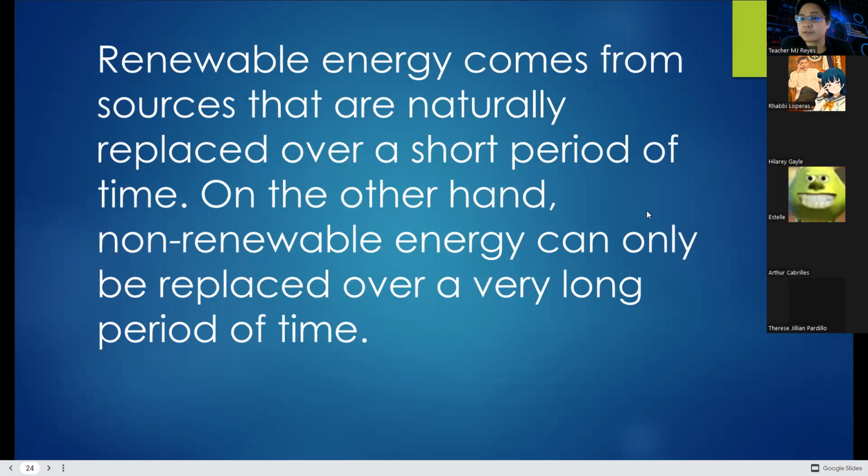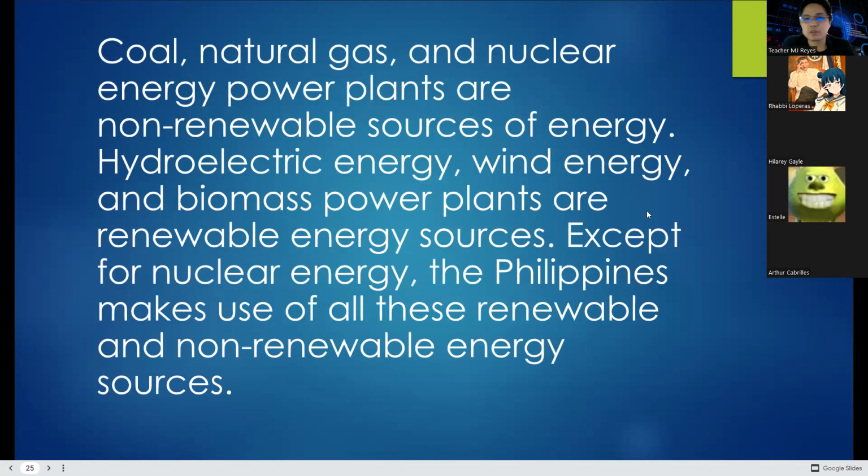On the other hand, non-renewable energy can only be replaced over a long period of time, just like your coal, just like your oil, and so on. Those are just a few non-renewable resources. Coal, natural gas, and nuclear energy power plants are non-renewable sources of energy.